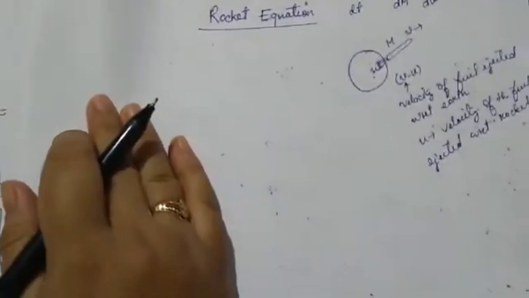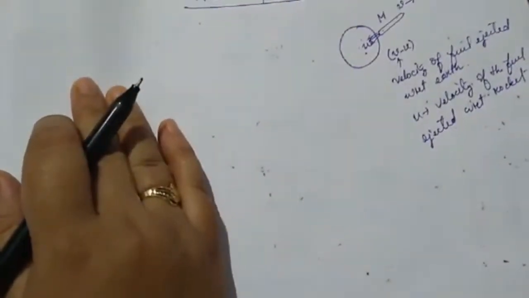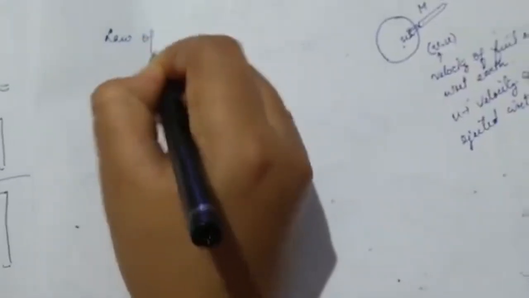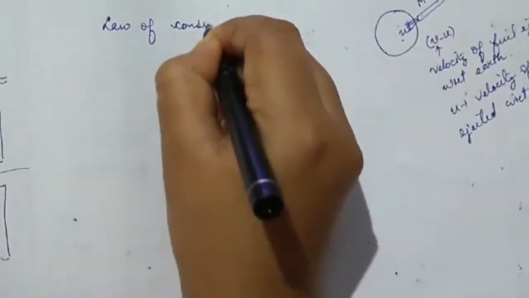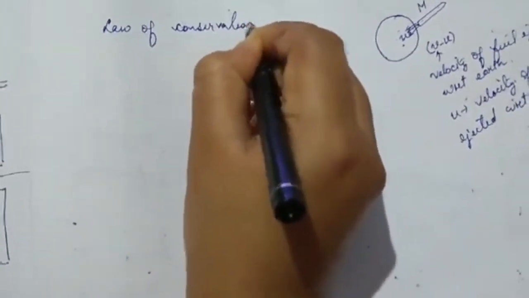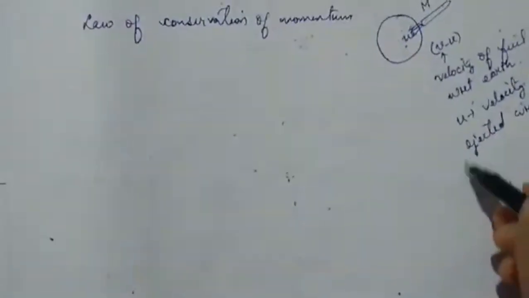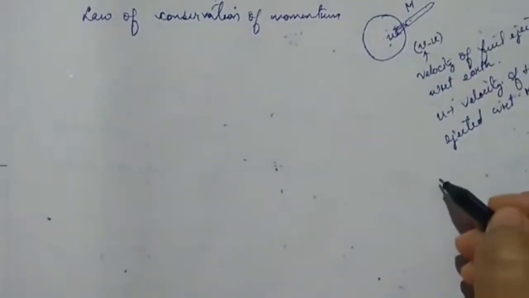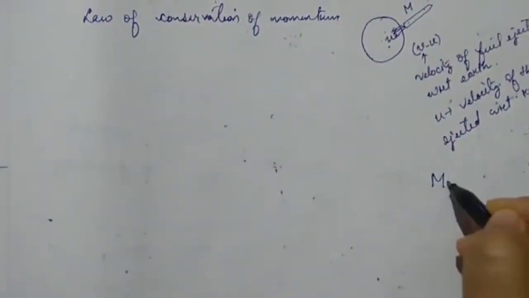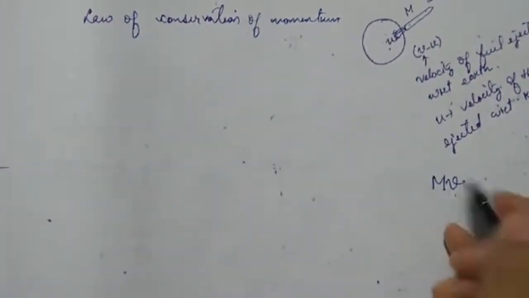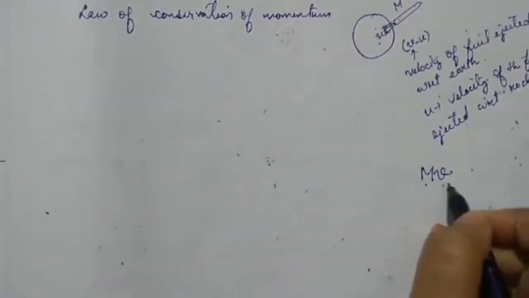Understand the concept. Okay, now let us apply the concept of conservation of momentum. By the law of conservation of momentum, you know that the momentum should always remain constant. So initially, the total mass of the rocket is m and velocity is v. At that time mass has not changed, v has not changed.